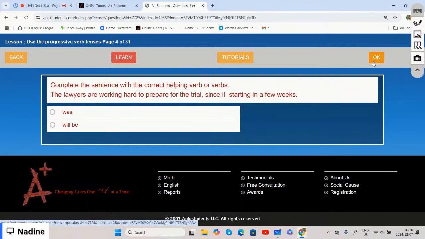Well done. The next one says the lawyers are working hard to prepare for the trial since it was starting in a few weeks. Or do we say since it will be starting in a few weeks? Which one is correct?